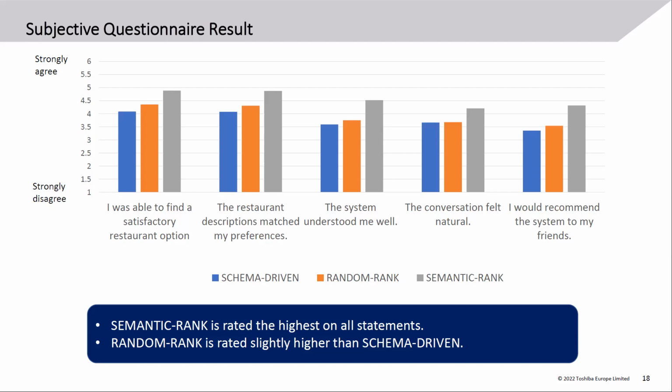We observe that on all of these statements, the semantic rank system is rated the highest. We can also see that random rank is rated only slightly higher than the schema-driven system.